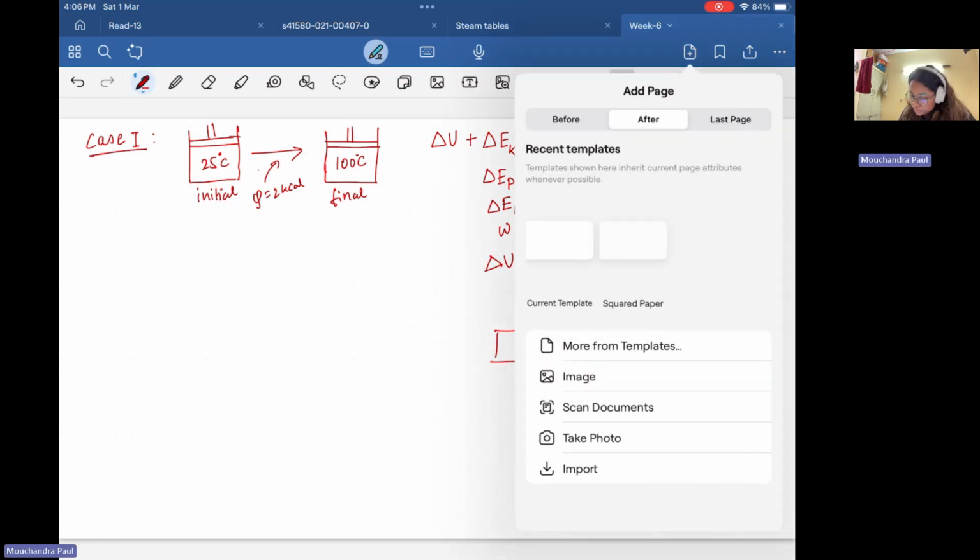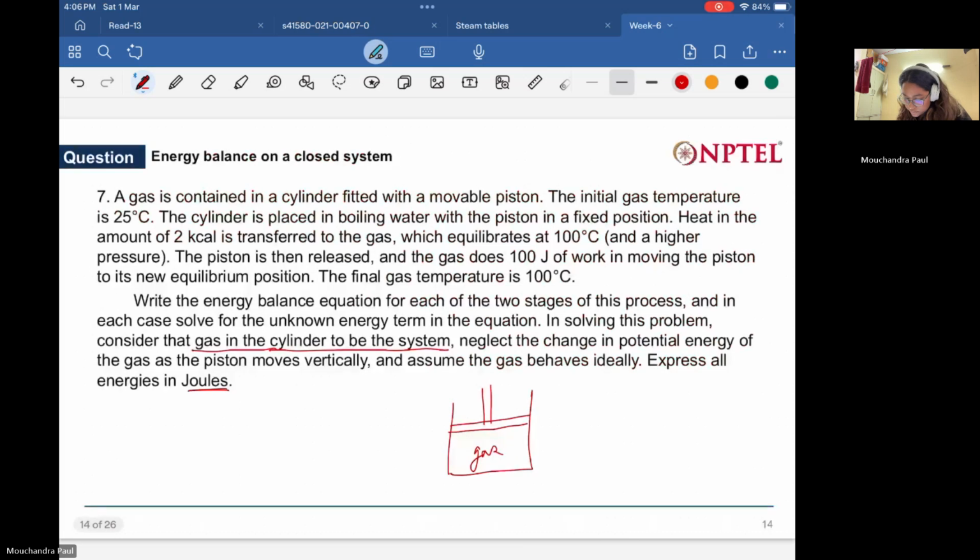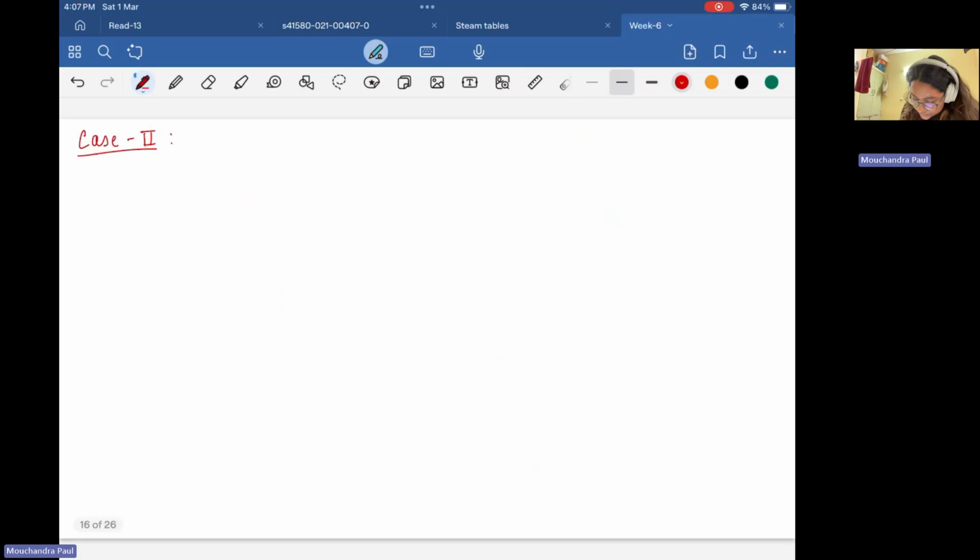Now for case 2, what we were given, the piston is then released. This is case 2. Piston is then released and gas does 100 joule of work in moving the piston to its new equilibrium position. So now the initial state is having gas at 100 degrees Celsius.